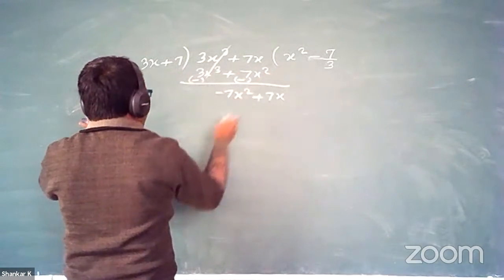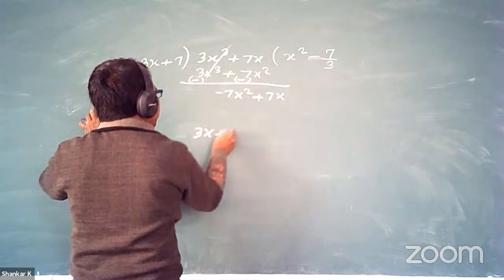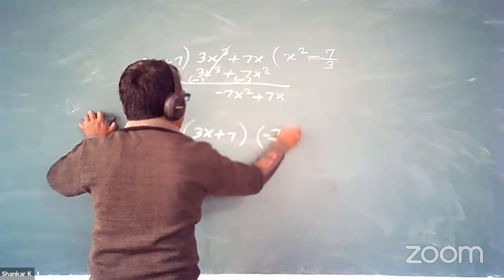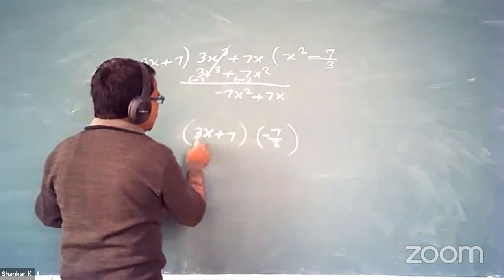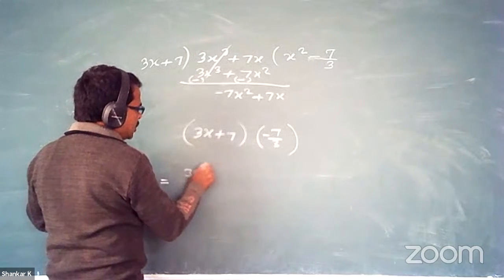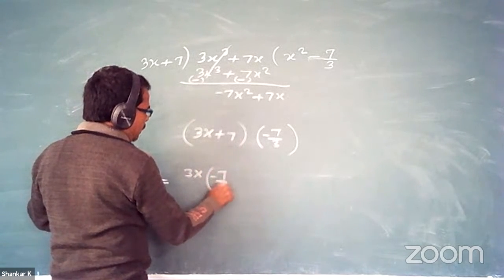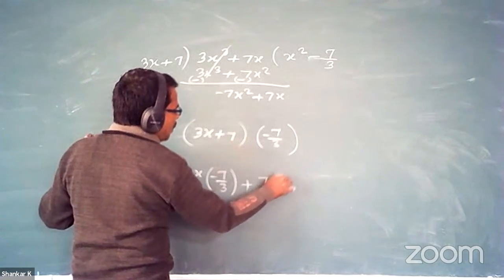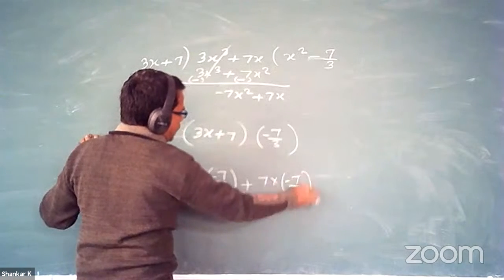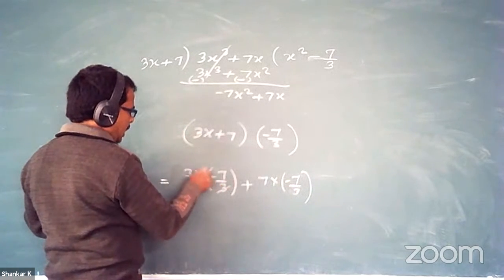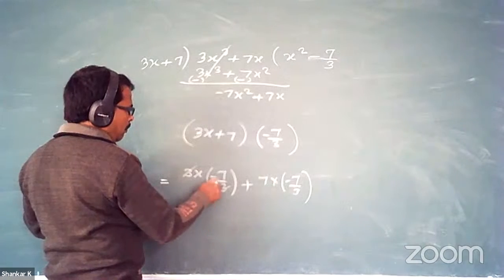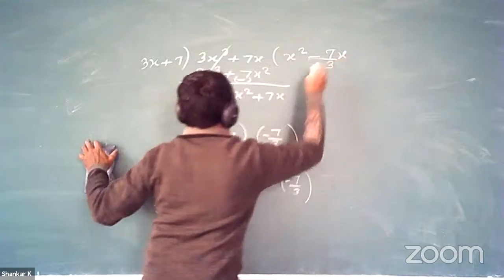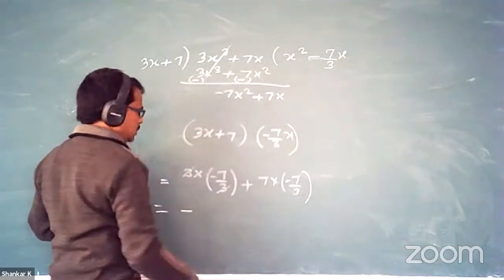Now I'll multiply 3x plus 7 by minus 7 by 3. If you multiply this, first term 3x into minus 7 by 3, plus 7 into minus 7 by 3. This is equal to 3 cancel, minus 7 by 3x. x should come here.